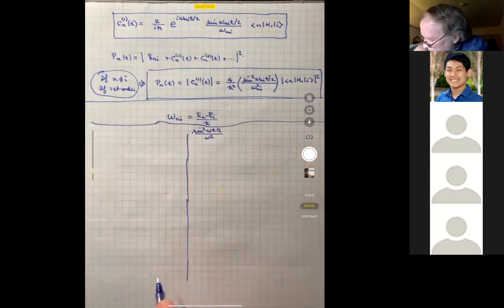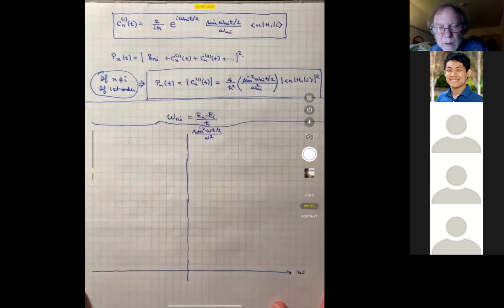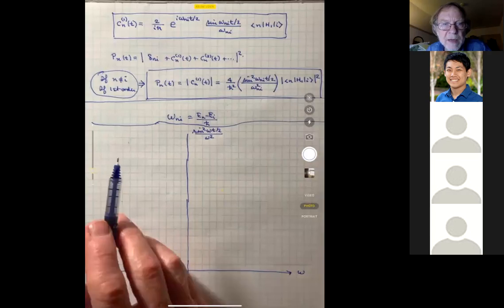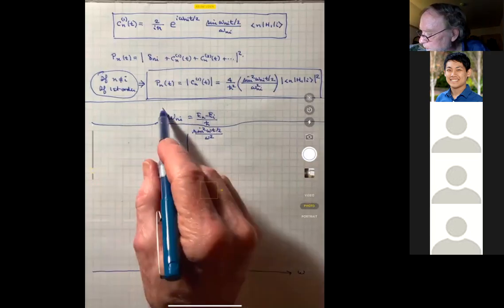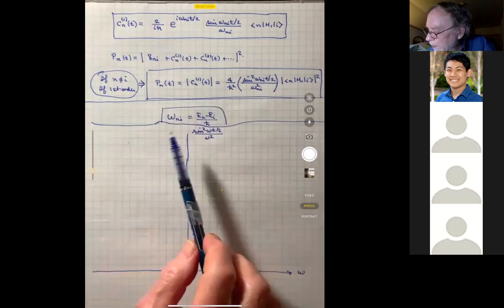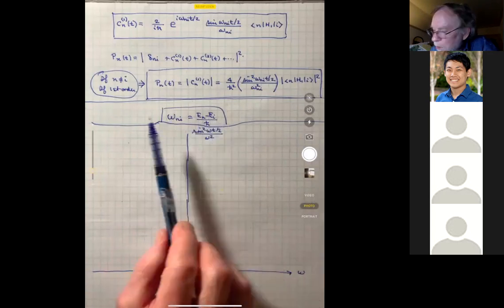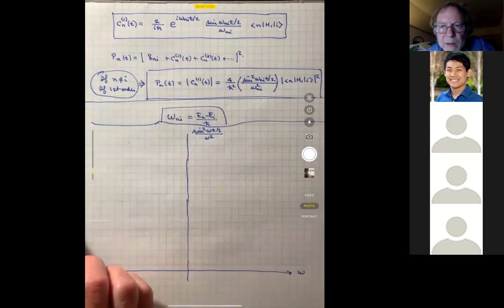And let's get a horizontal axis down here, which is the omega, and plot it as a function of omega. Now the omega being the Einstein frequency connecting the initial and final states is proportional to the energy difference between the initial and final states. These are the initial and final states of the unperturbed Hamiltonian.